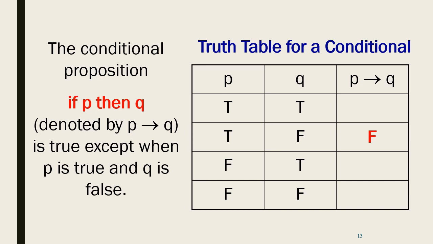TF is the only false here in conditional. The rest are true. T, T, FT, and FF are all true. So in conditional, TF is the only condition that is false.